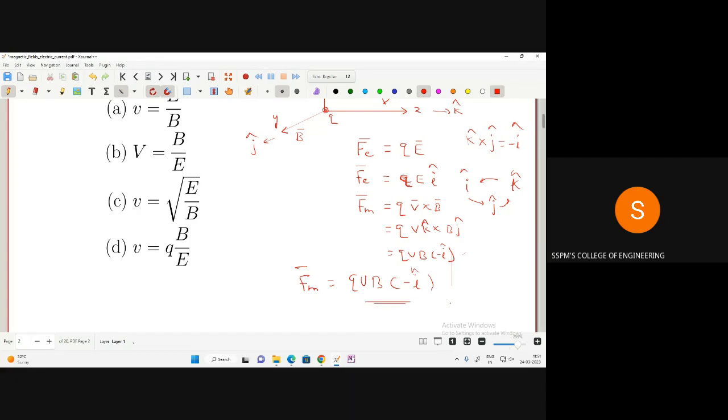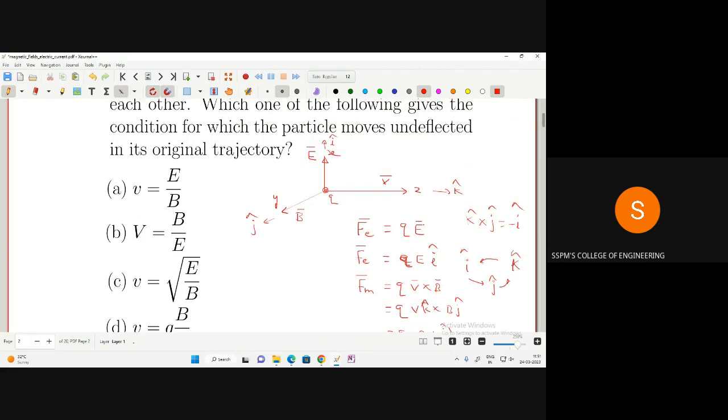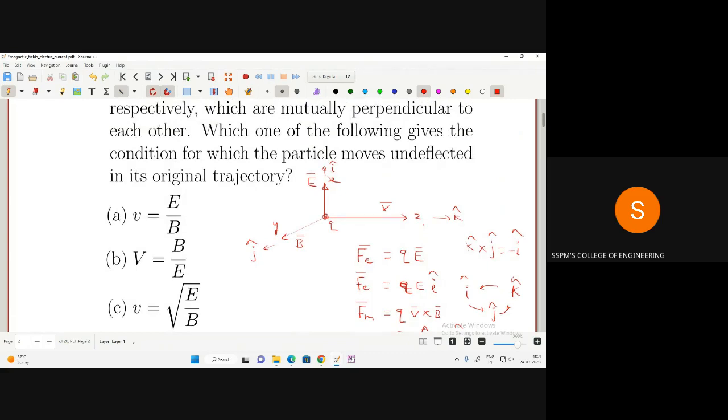Now, as you know, the charged particle should move only in the x direction. It should not be deflected either in the z direction or y direction. It must move along the x axis, either plus i cap or minus i cap.